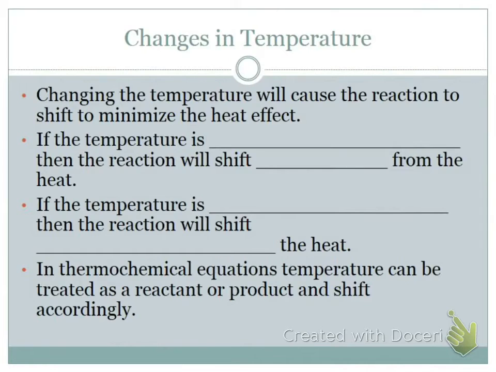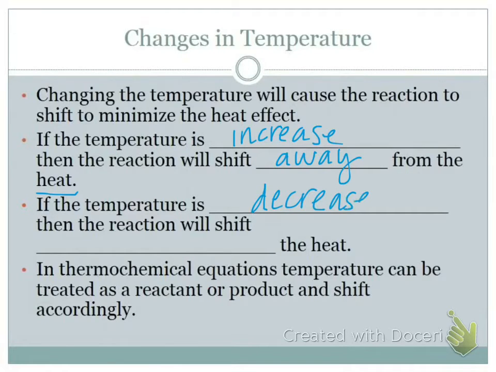Then we have changes in temperature. Okay? With changes in temperature, it's actually like treating heat as a reactant when increasing the concentration. So if I increase the temperature, the reaction will shift away from where the heat is in the reaction. If temperature is decreased, it shifts toward it. Okay?